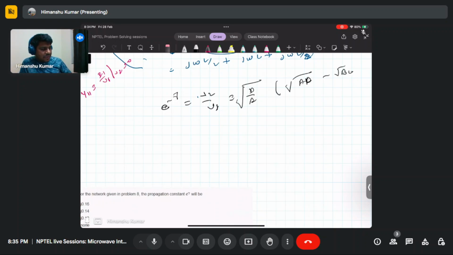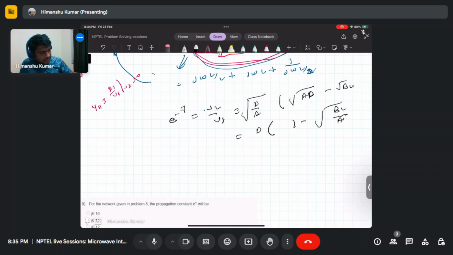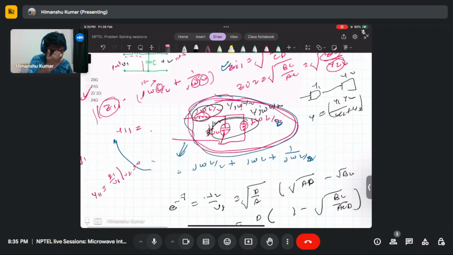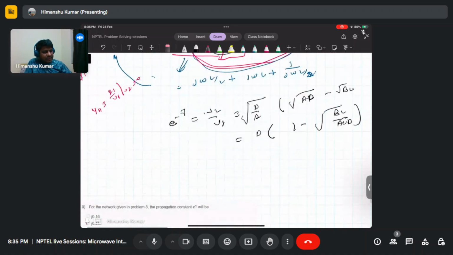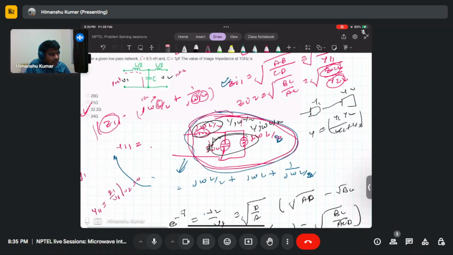Taking ad common, this becomes d times 1 minus square root of bc by ad.